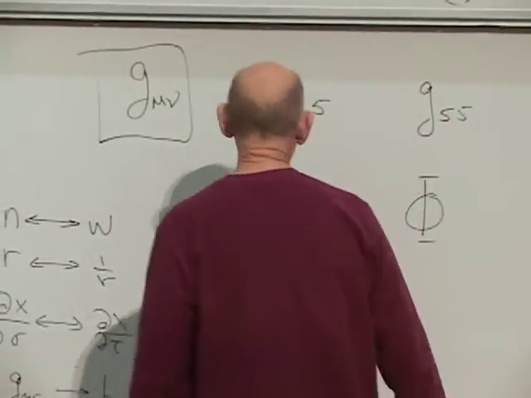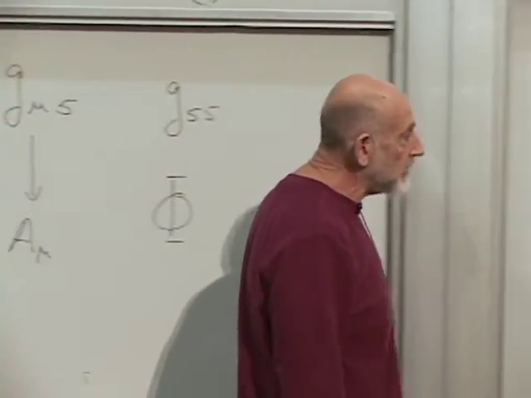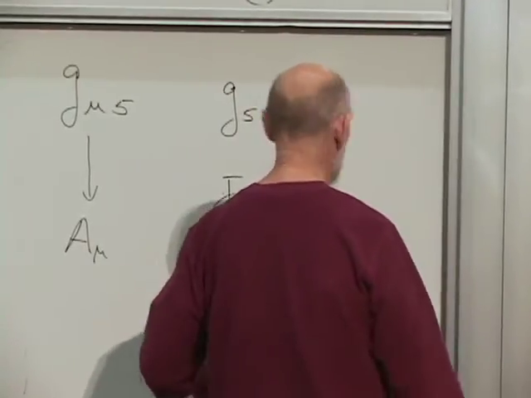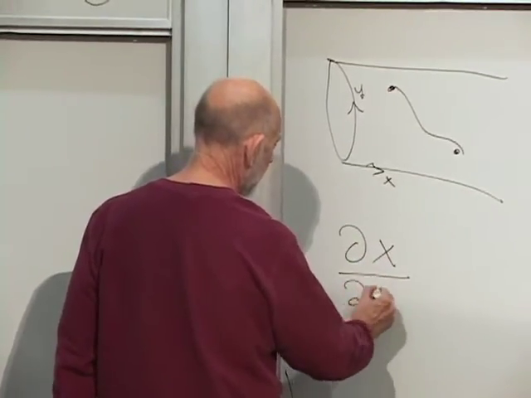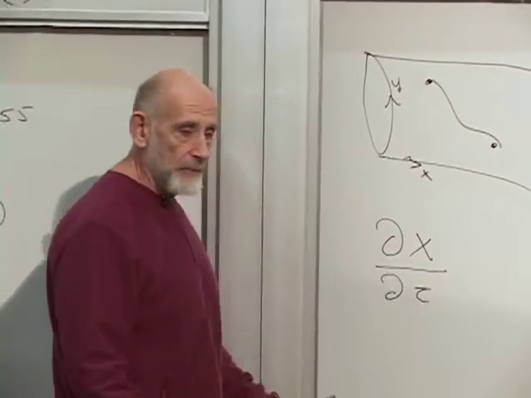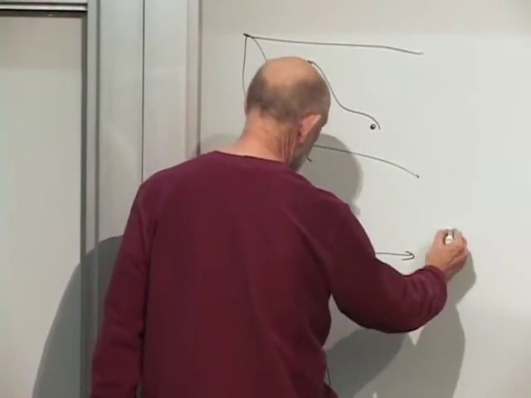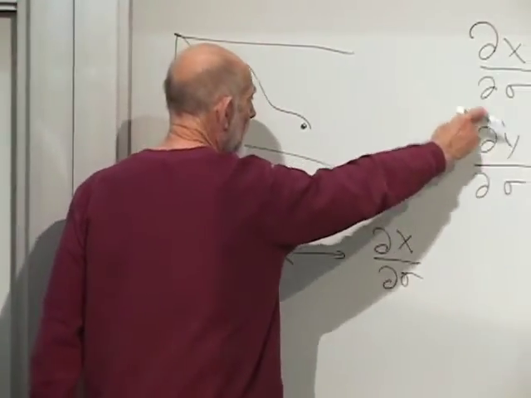Okay. Well, we're supposed to replace winding number by momentum, but remember that momentum was, what was momentum related to? It was related to dx by d tau, right? Velocity. What was winding number related to? Dx by d sigma. Namely, exactly what goes on here.